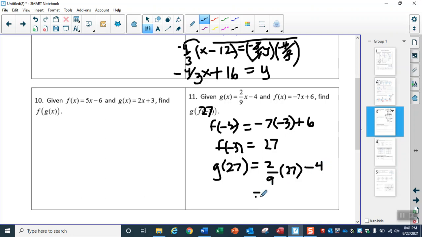And then I'll just put that into Desmos. All right, so g of 27 is going to be 6 minus 4. That would be 2. You put that into Desmos and you get 2 for that. And that's it.